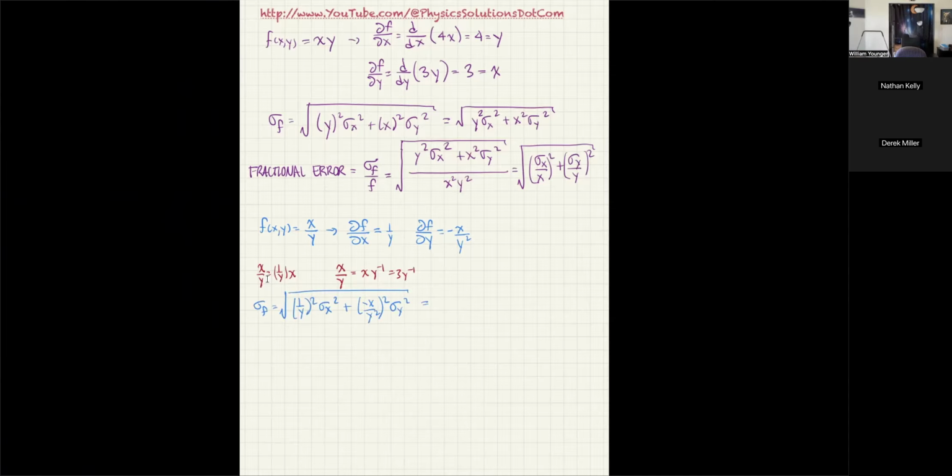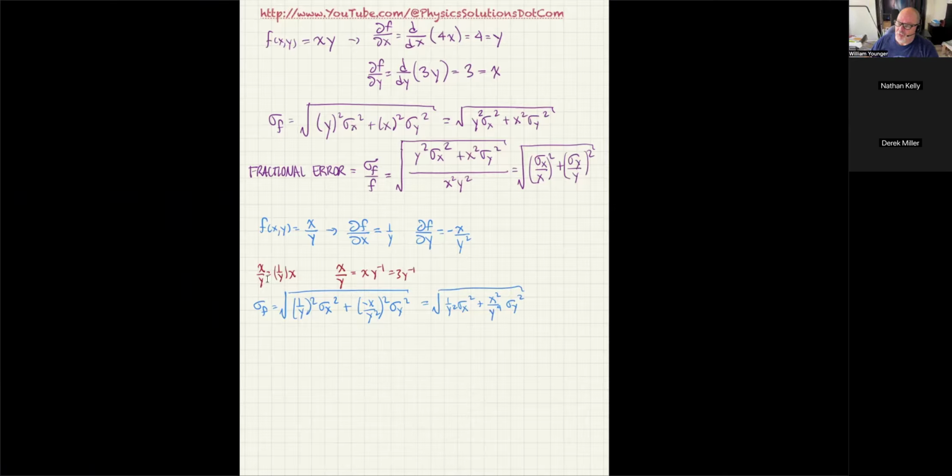I can make this a little neater by saying the square root of 1 over y squared sigma x squared plus x squared over y to the fourth sigma y squared. So that is what the propagated error formula is for x over y.